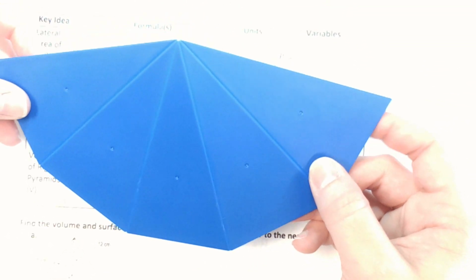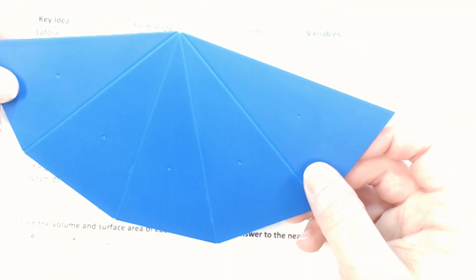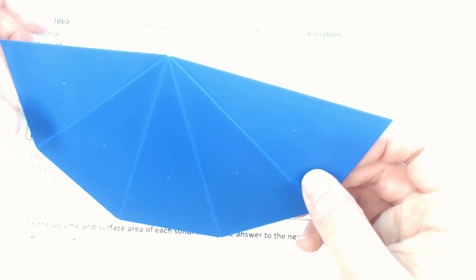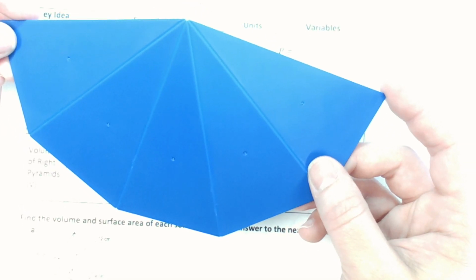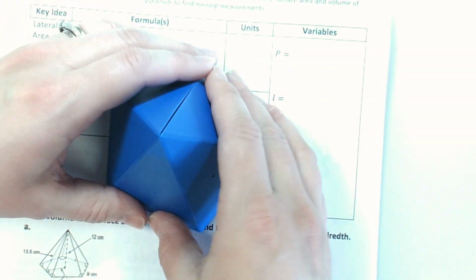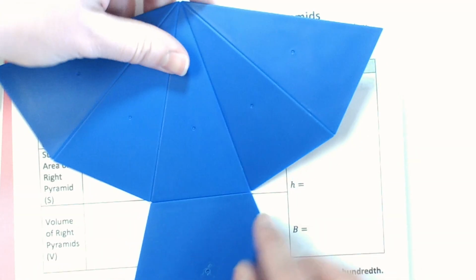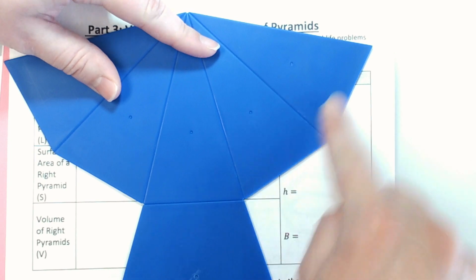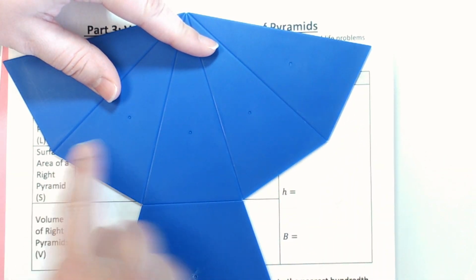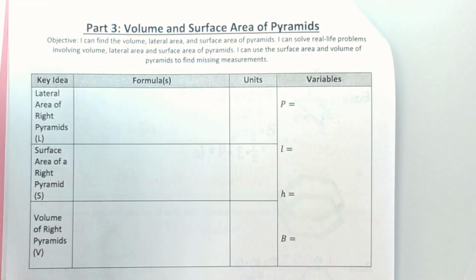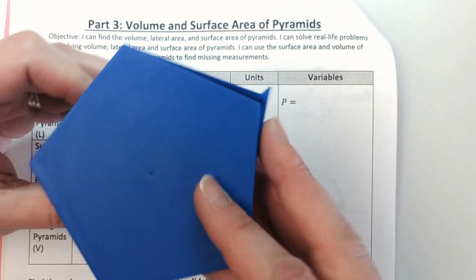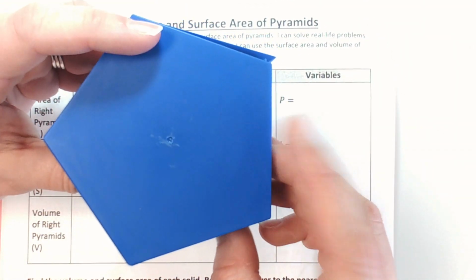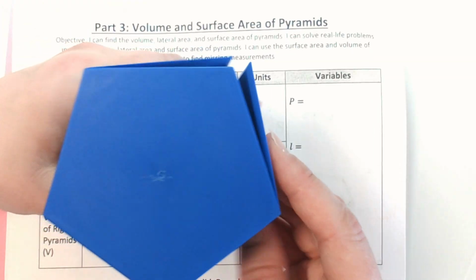How do you find the area of a triangle? 1/2 base times height. So, first off, base of these triangles. If I call these the bases, when I fold it back up into its pyramid, the bases of those triangles are making their way around the edge of the base.